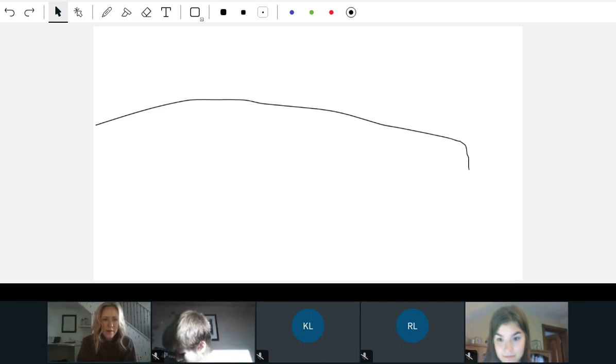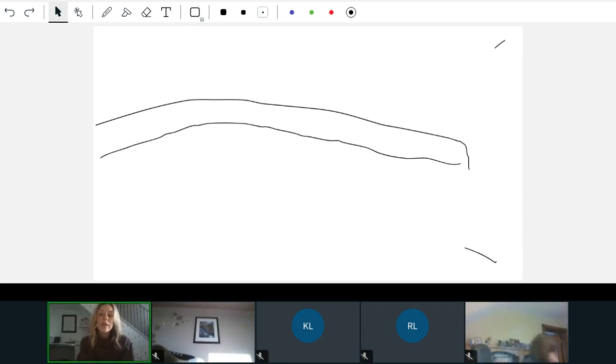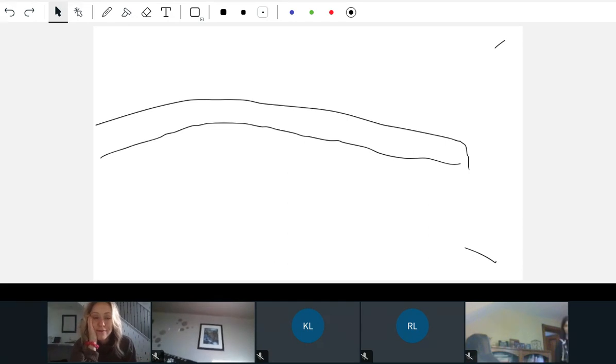That's not a very good line, but okay, so this is the membrane. This is the outside of the cell. This is the inside of the cell. What I want you to do is draw what it would look like. What is osmosis? What is it?